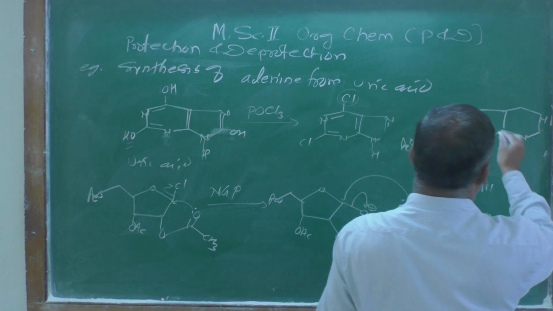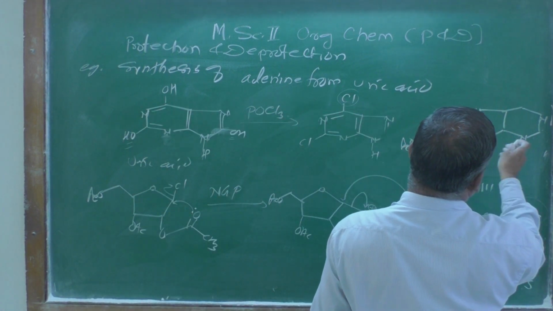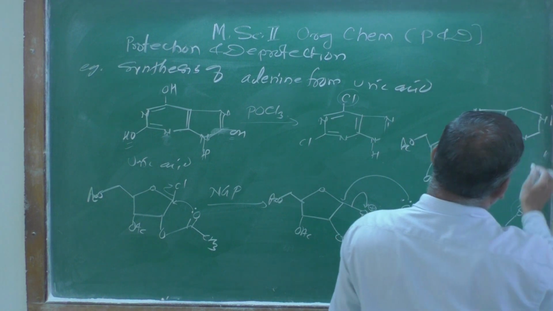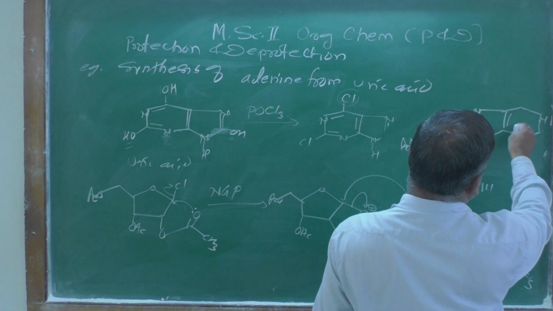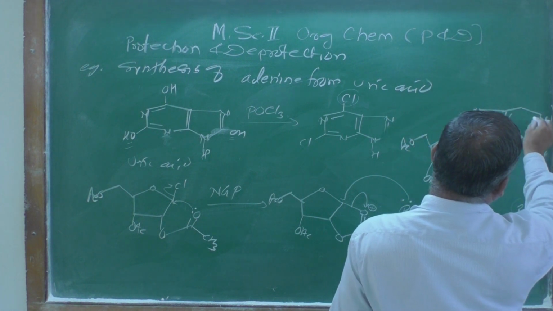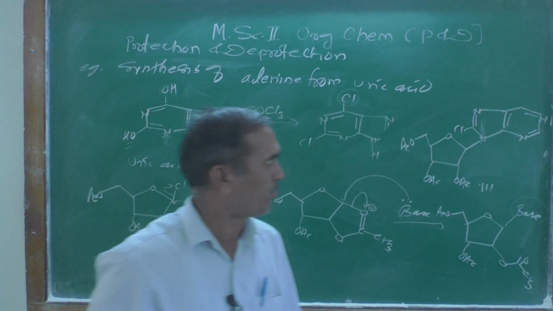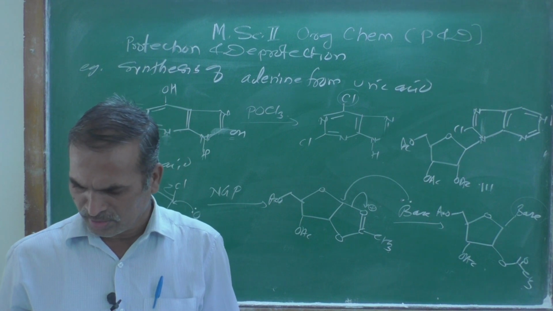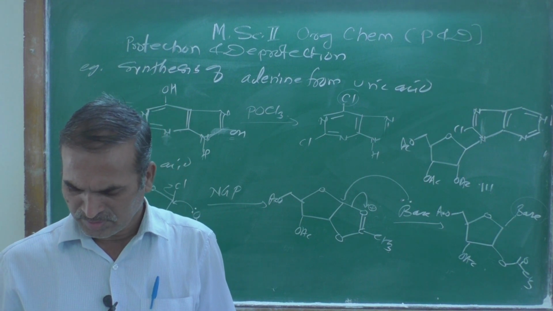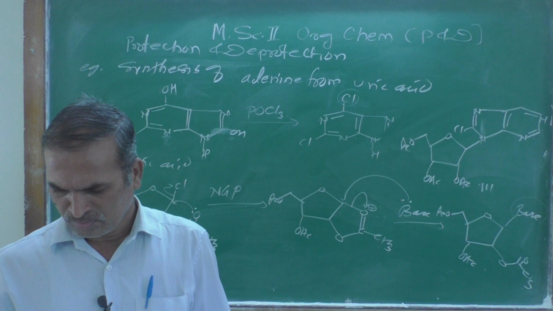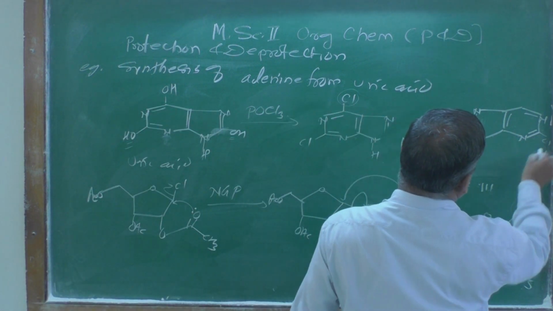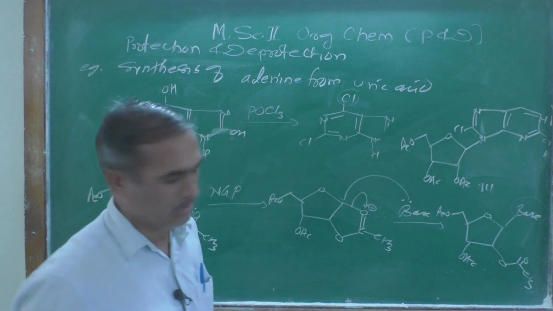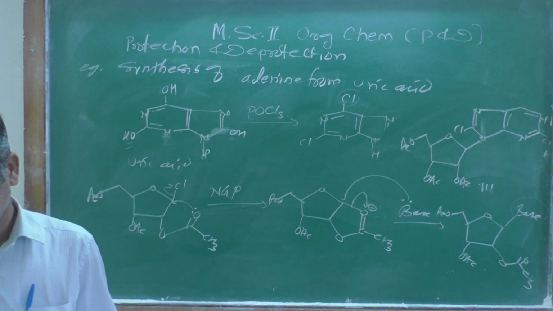So here Cl, and here I think this side a double bond, and a double bond over there. So a chlorine atom, we can show one more chlorine atom between this one, here is a Cl, right? So in this way we can draw this one.